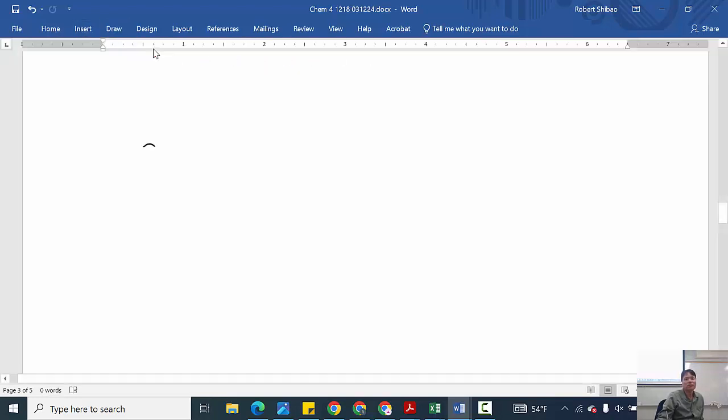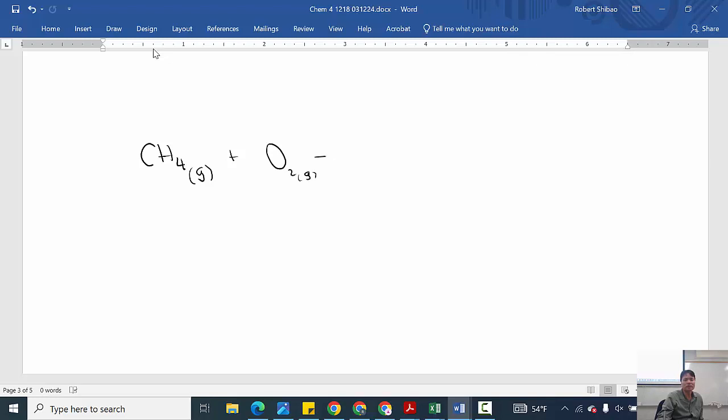Where the water comes from, it comes from the chemical reaction. If you recall, methane has the formula CH4. And since it's a gas, we put this little g here. And so this is methane gas. And then we're reacting it with what? Oxygen in air. Oxygen is O2, that's correct. And that would be a gas.